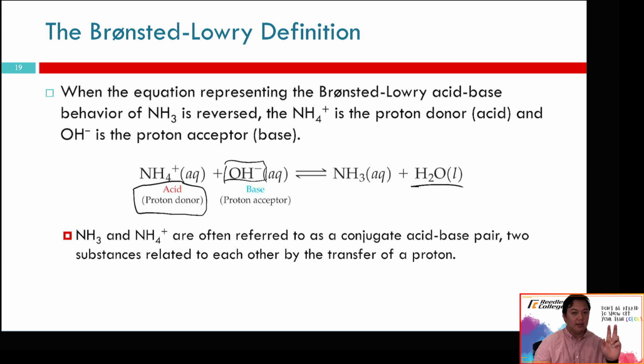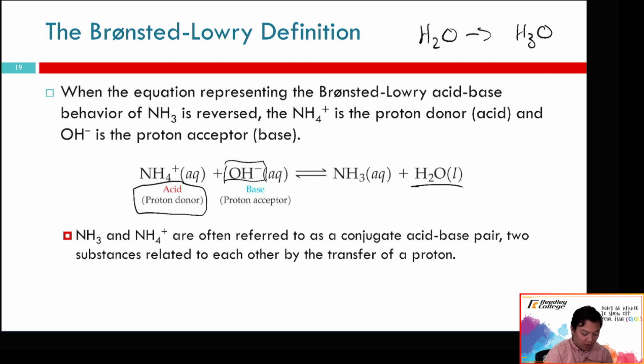This is a little bit different than something being amphoteric, because water can either accept a proton to become H3O plus, or it can lose a proton to become OH minus, and that's what makes it amphoteric. The difference here is that NH3 can't lose another proton to become NH2 plus.